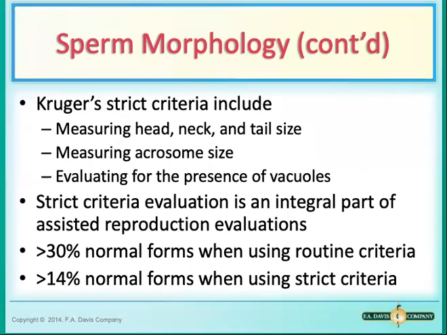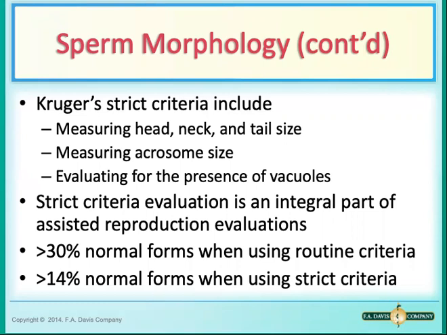So looking at all of these parameters, it's referred to as the Kruger's strict criteria. This is a strict criteria evaluation that requires the use of a stage micrometer or morphometry. So right now, the evaluation of the sperm morphology using this strict criteria is not performed routinely in a clinical lab, but it is recommended by the WHO.